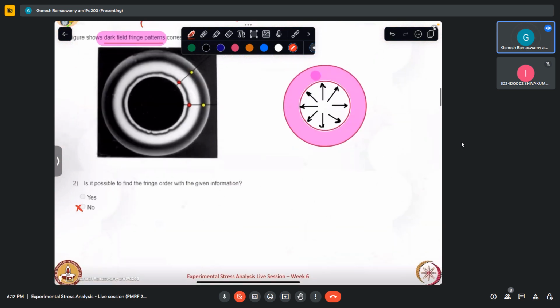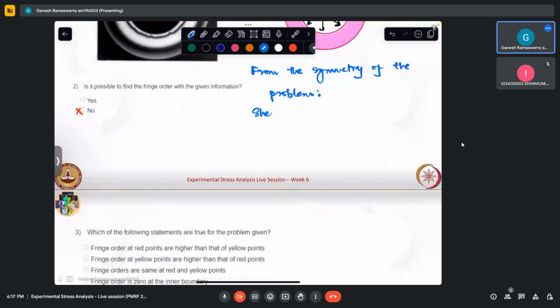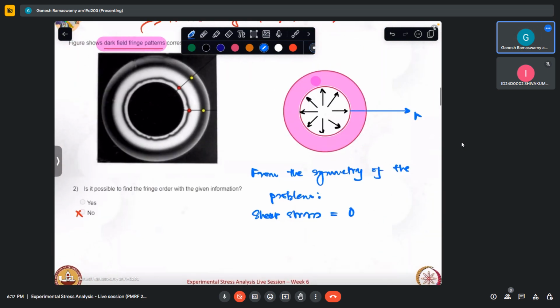So basically, when we take this problem of mechanics, and if we were to analyze a radial line like that, what we will see from the symmetry of the problem, shear stresses is 0. So there is no shear. So let us say I was to take this to be the radial direction and this to be the theta direction.